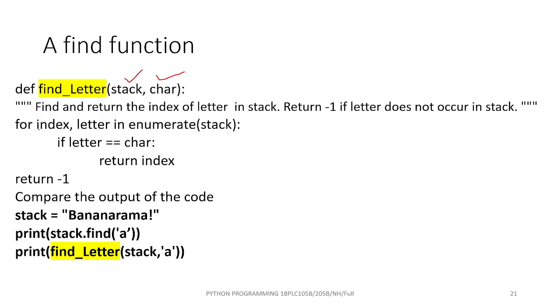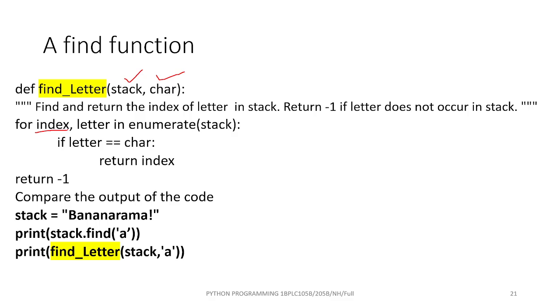Repeat over the index, because we want to get the position. That index can be used to hold each and every character's position. What is the character in that location? That is put in the variable letter.